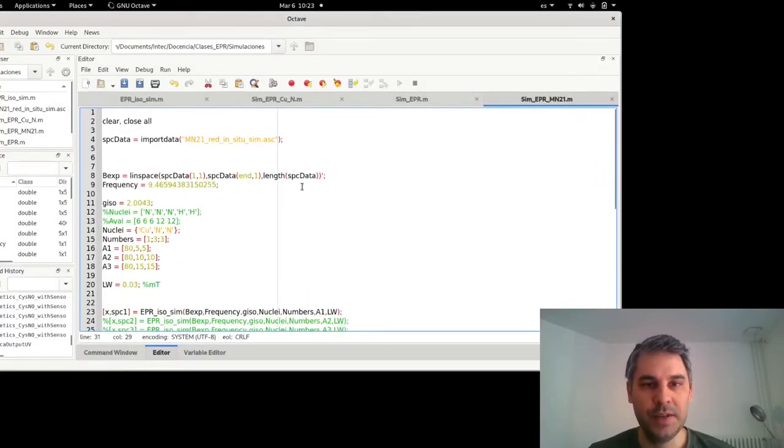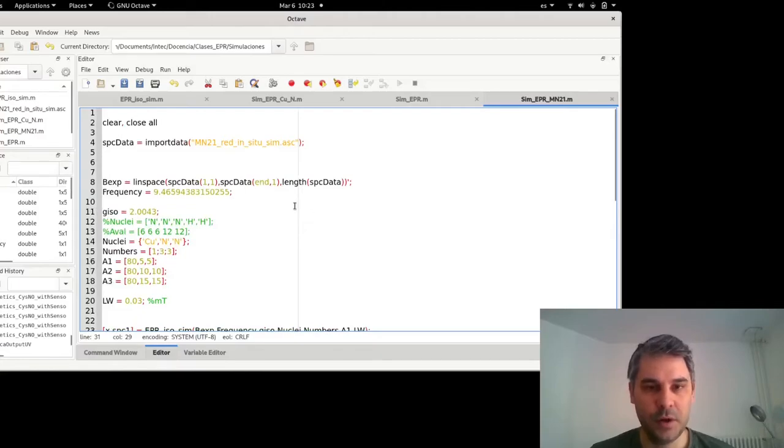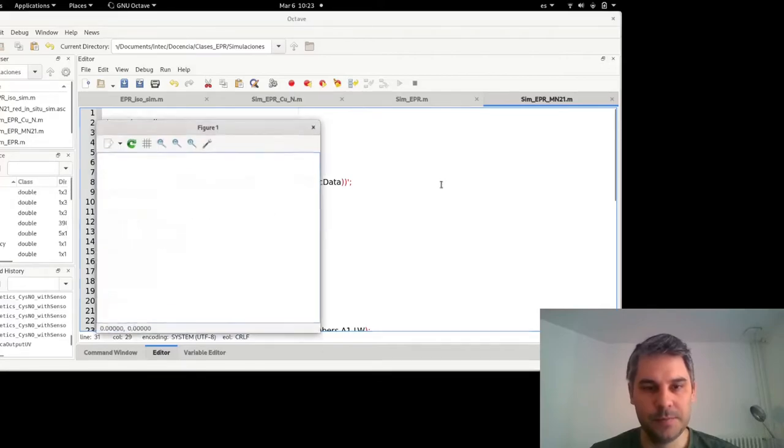So now we are going to try to simulate a more or less complicated EPR spectrum. So this is an organic radical that contains several nitrogens and hydrogens. So I'm going to first plot this.